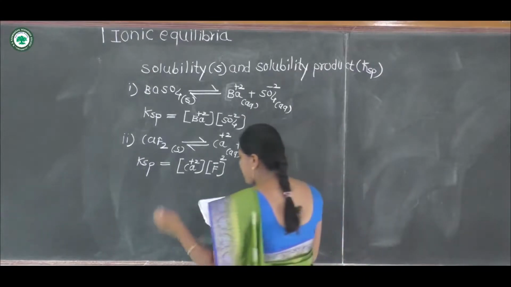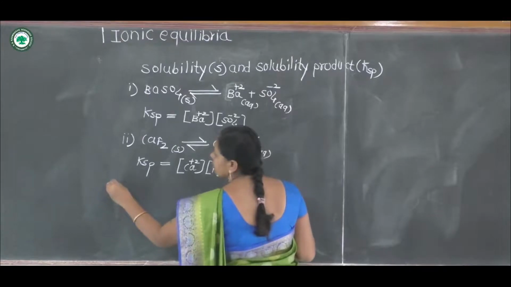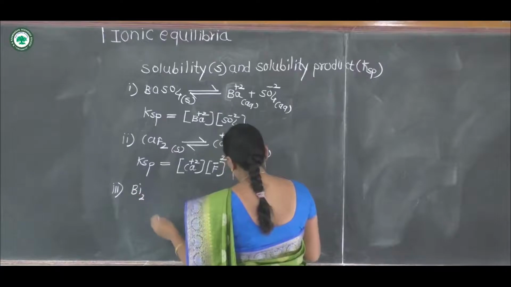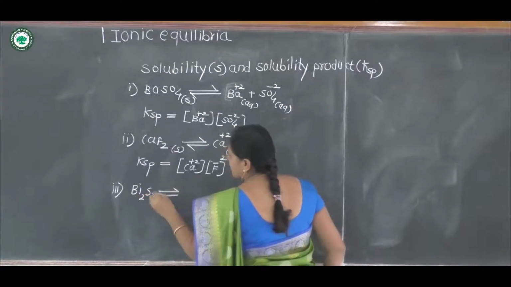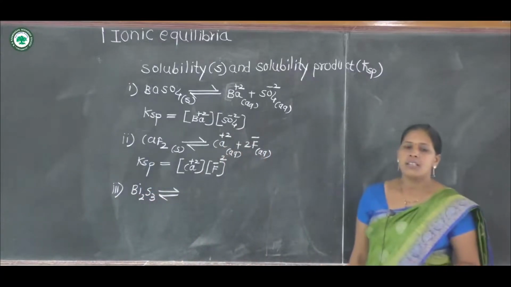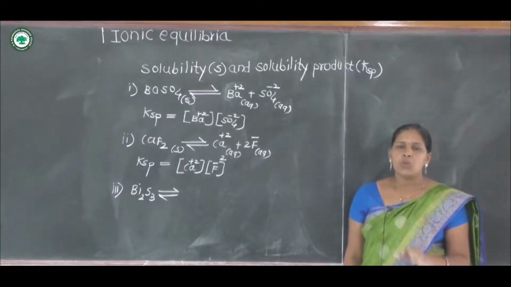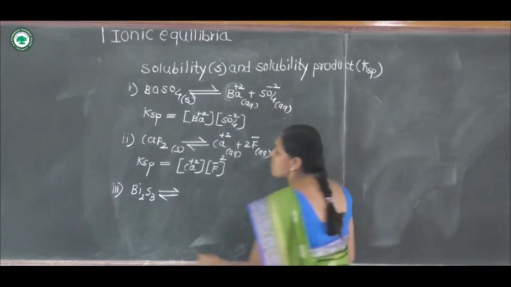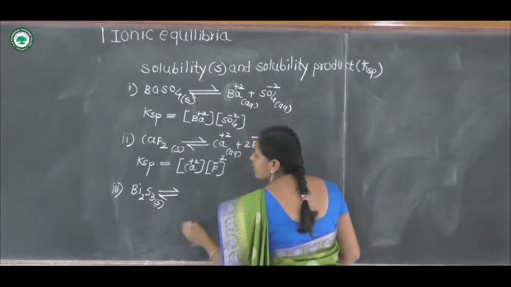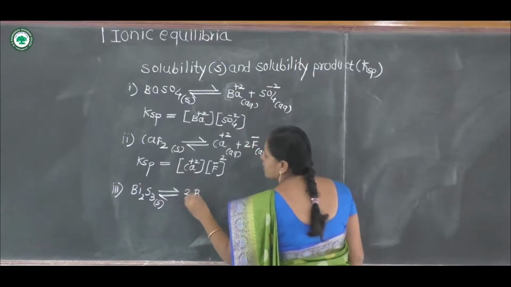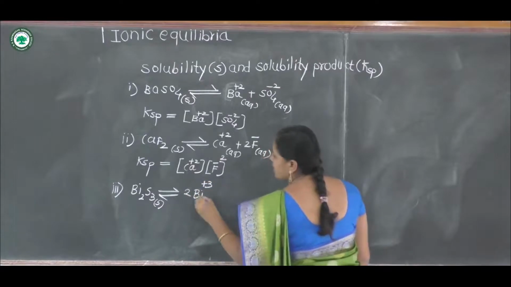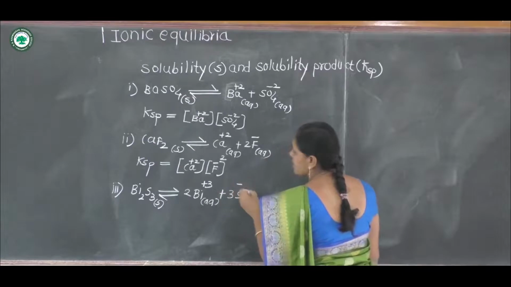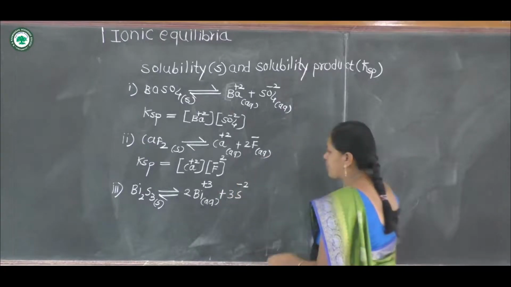Then third example, Bi2S3. Write the solubility product expression for this sparingly soluble salt. It dissociates into 2Bi3+ plus 3S2- sulfide ion.